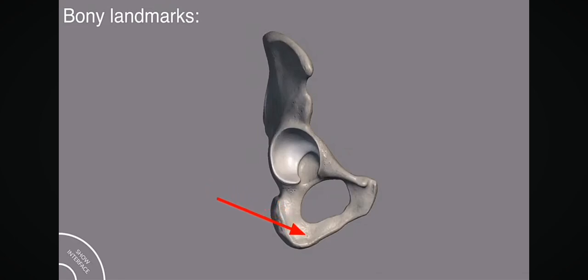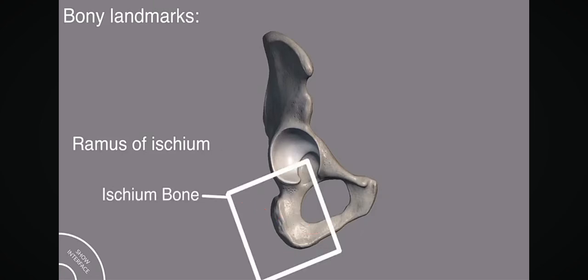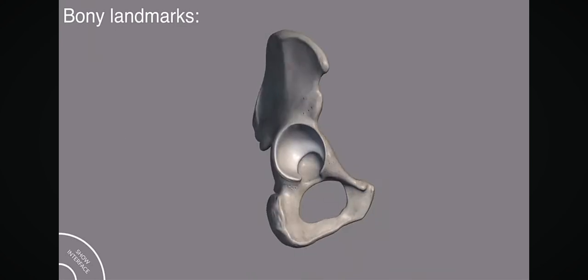This is called the ramus of the ischium because it is in the ischium part, and this is called the inferior pubic ramus. The inferior pubic ramus and the ramus of ischium are continuous with each other.